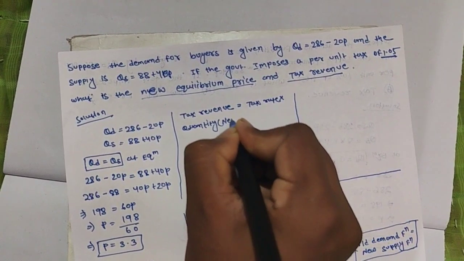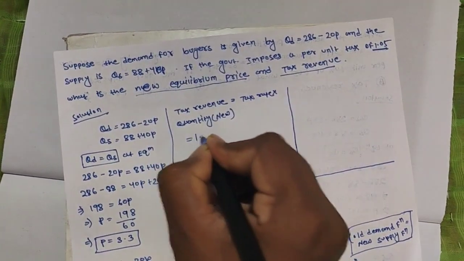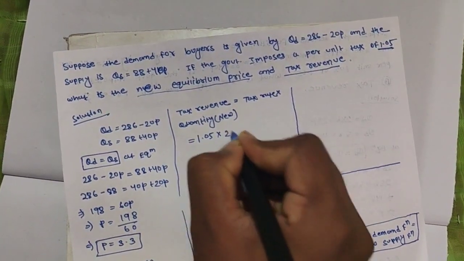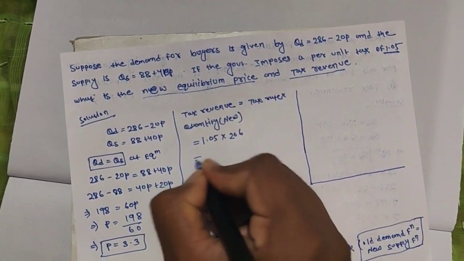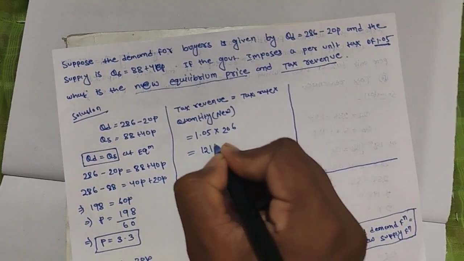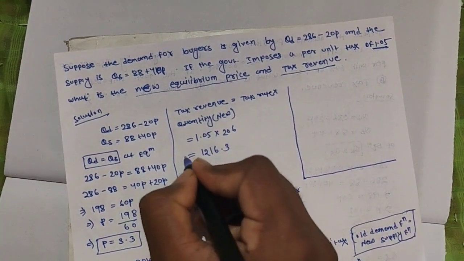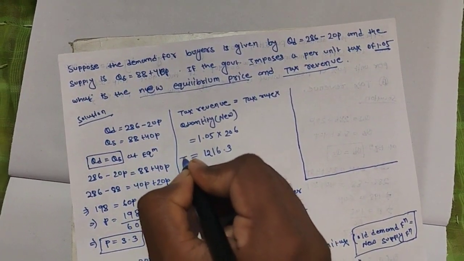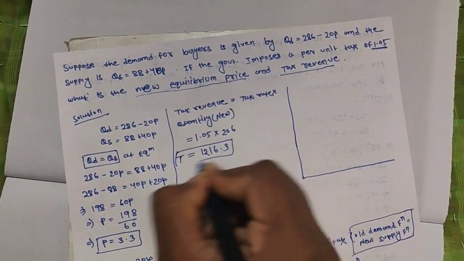So the tax rate is 1.05 multiplied by 206. This becomes 216.3. This is the tax revenue.